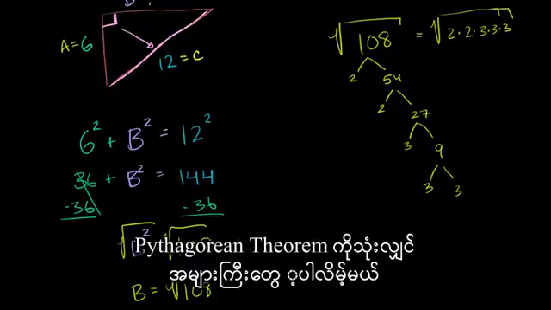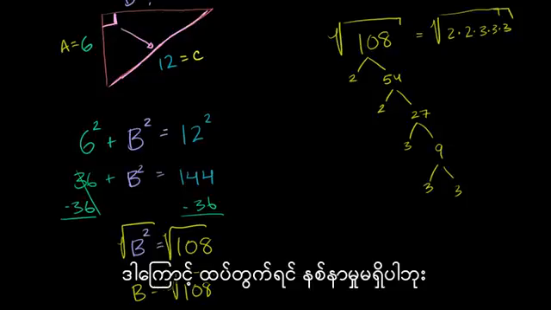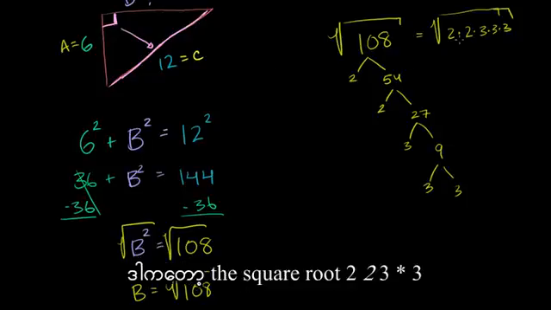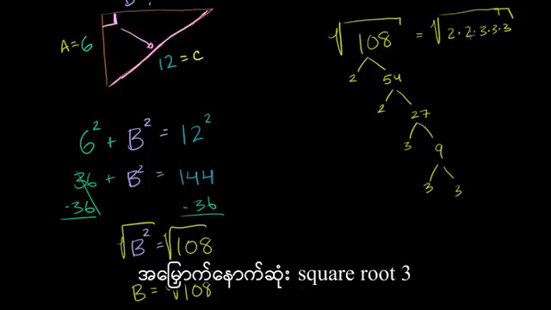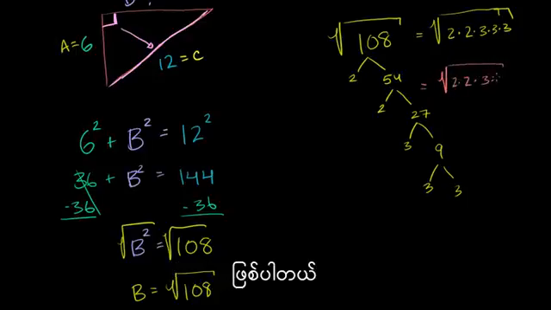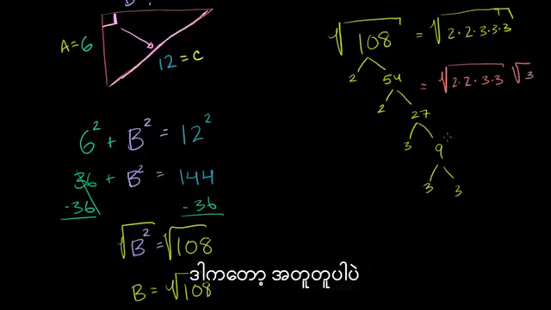And this is all an exercise in simplifying radicals that you will bump into a lot while doing the Pythagorean theorem, so it doesn't hurt to do it right here. So this is the same thing as the square root of 2 times 2 times 3 times 3 times the square root of that last 3 right over there.